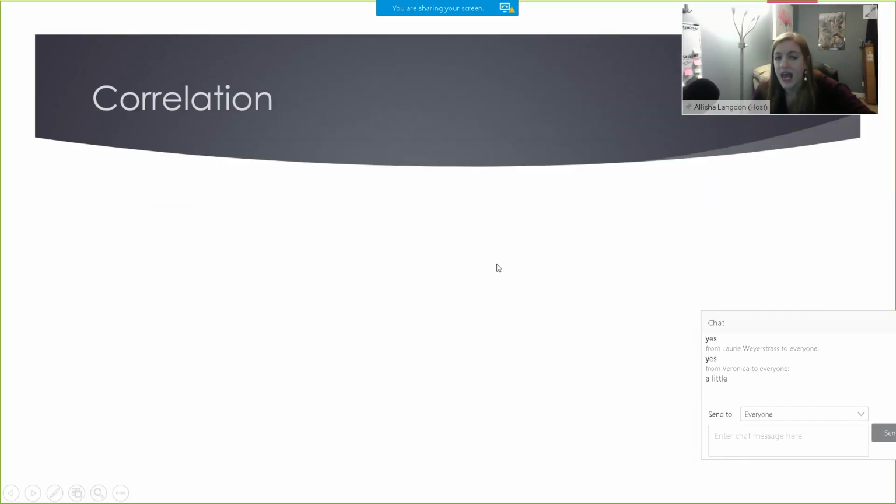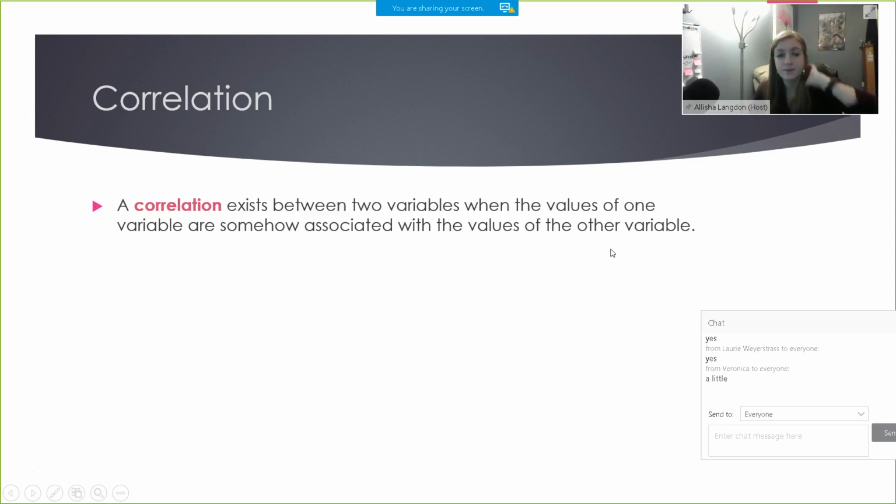Now let's go ahead and talk about correlation a little bit. And that's the relationship between the 2 variables. A correlation exists between 2 variables when the values of one variable are somehow associated with the values of the other. In other words, if one variable increases, the other should increase as well.